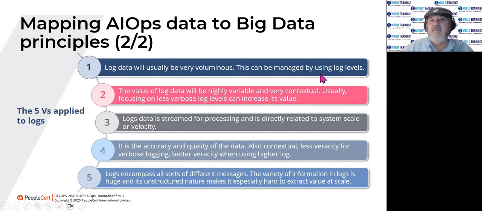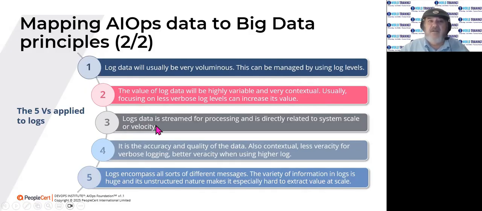So this can be managed using logs. That has to do with volume. Value: the value of log data can be highly variable and very contextual. Usually focusing on less verbose log levels can increase the value.